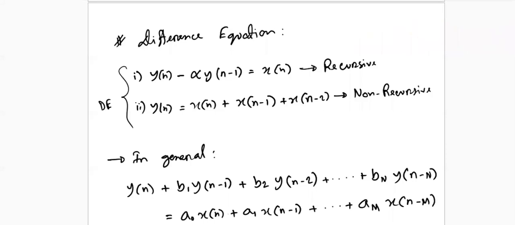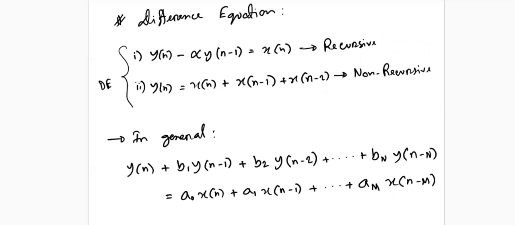So for the difference equation, first of all, we'll talk about the theory part. Don't panic about the theory, because whenever I go through the example, that will make your life easy, inshallah. So we have already mentioned that any system can be represented by a difference equation. This is a simple first order recursive system, and this is a non-recursive system.